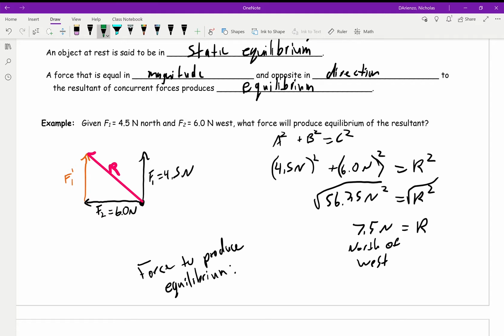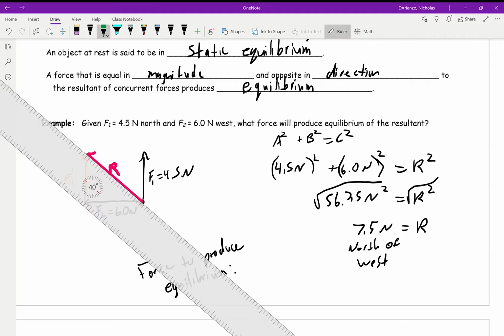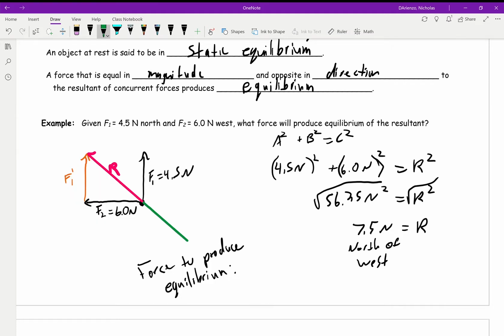So we're going to have an R that's equal in magnitude but opposite in direction. This would also be 7.5 newtons, but it's opposite in direction.